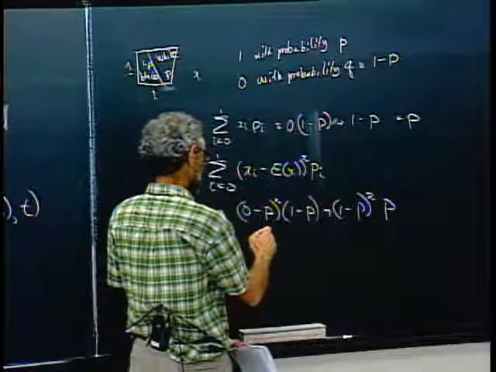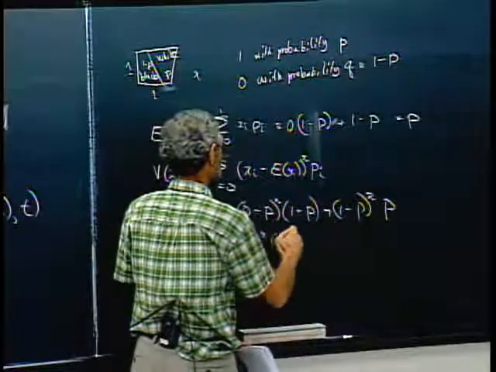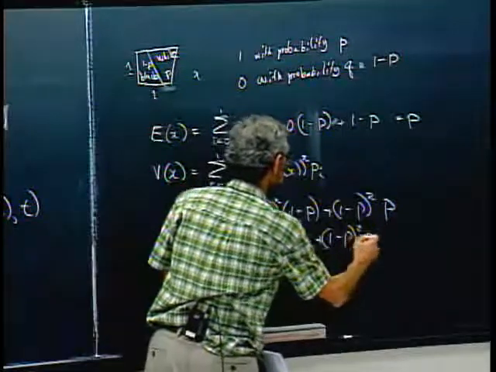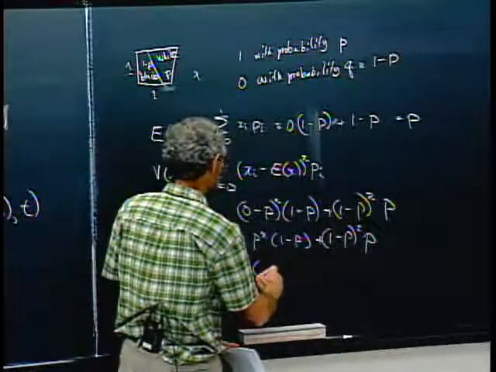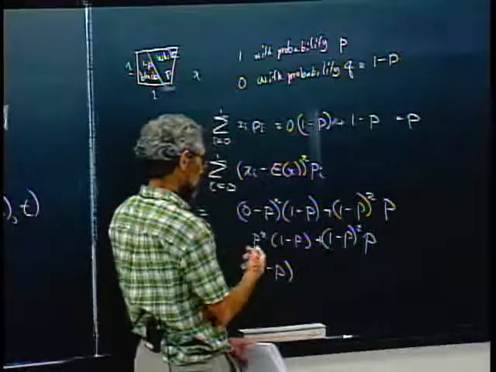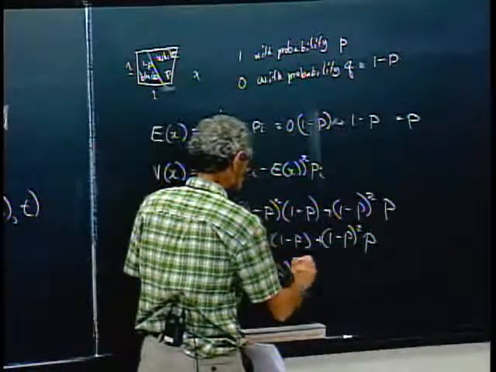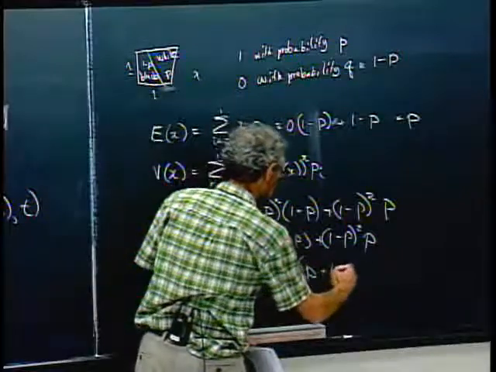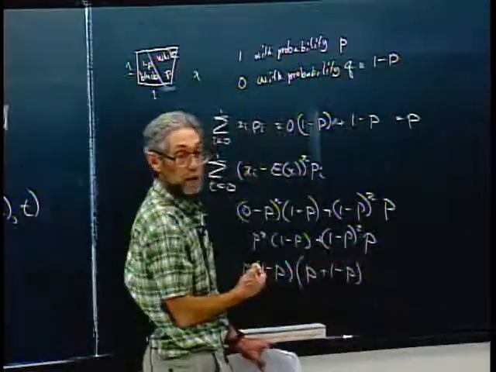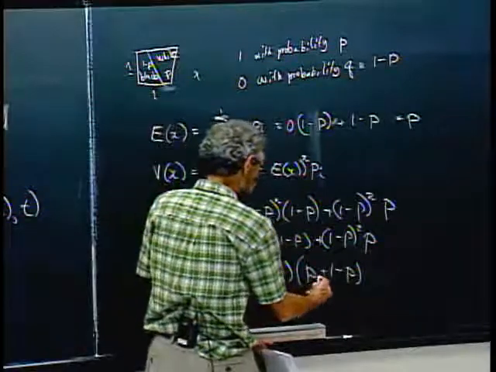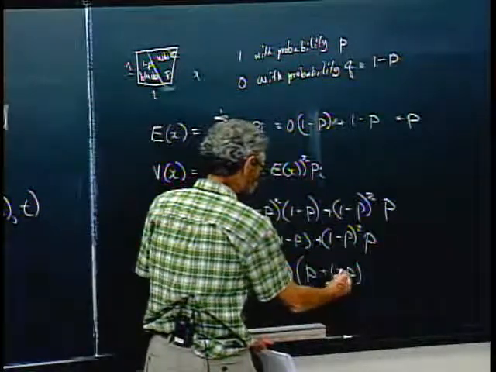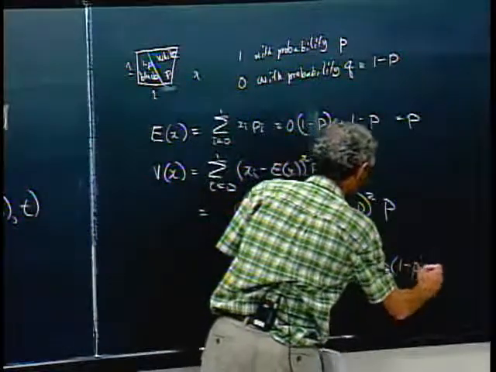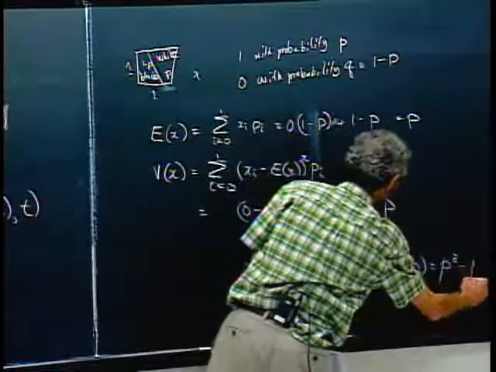So this is actually p squared times (1 minus p) plus (1 minus p) squared times p. And I can factor p times (1 minus p) out of this, right? This has a p times that common factor, and this has an extra (1 minus p) times that common factor. And p plus (1 minus p) is just 1, so the answer is p times (1 minus p), or p minus p squared.